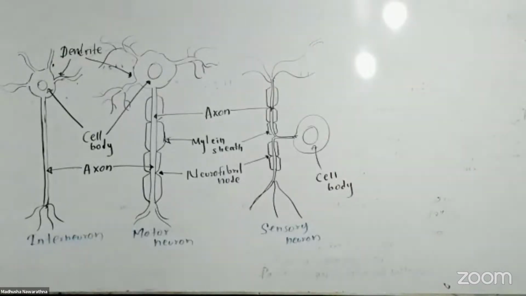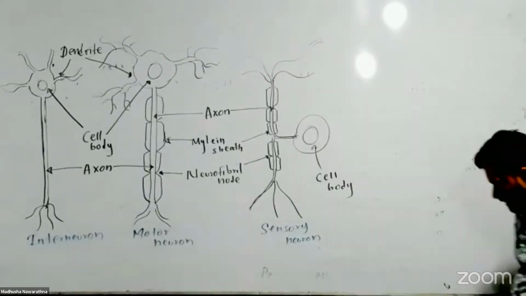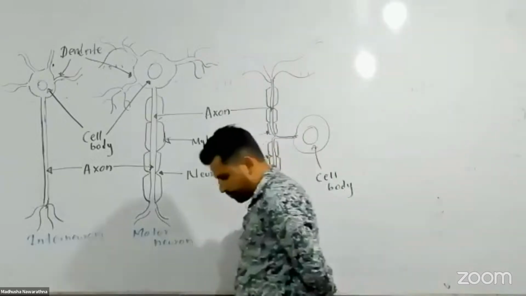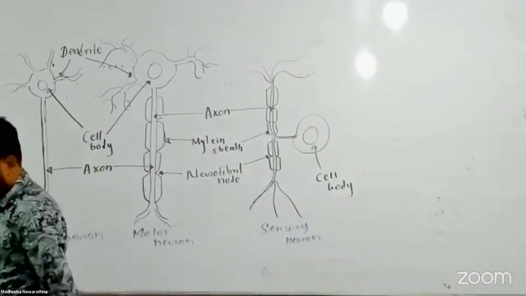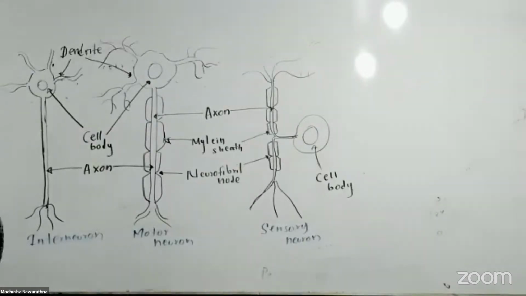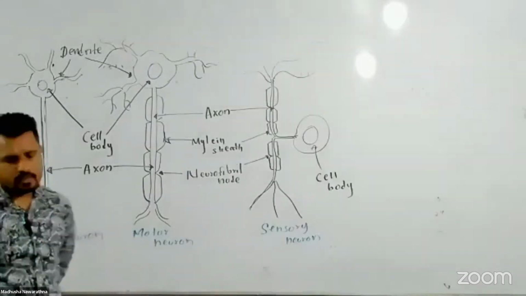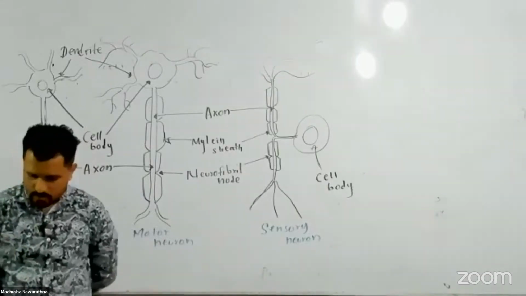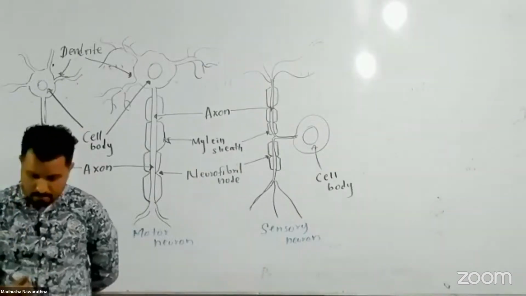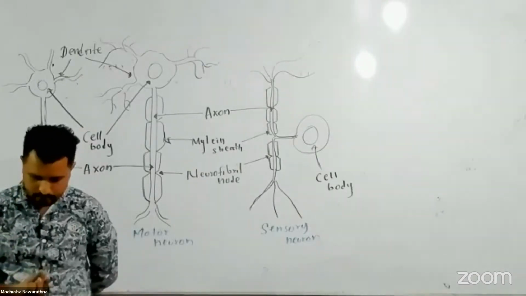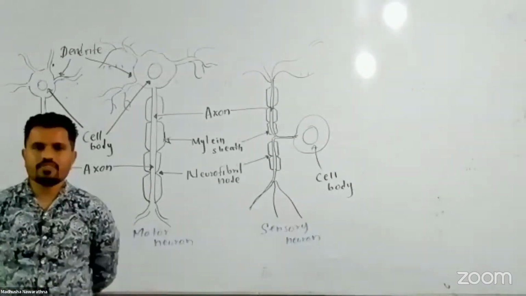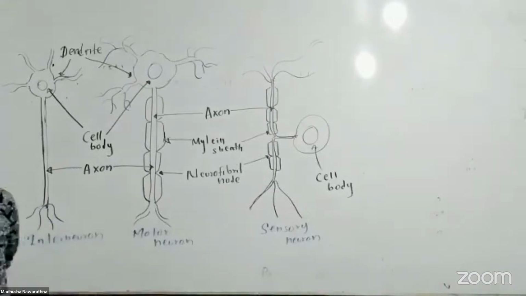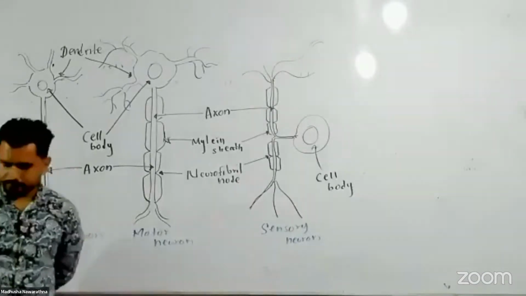Interneurons: these neurons make up the majority of neurons in the body.